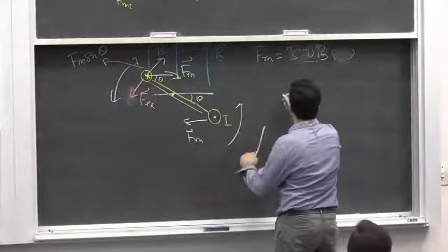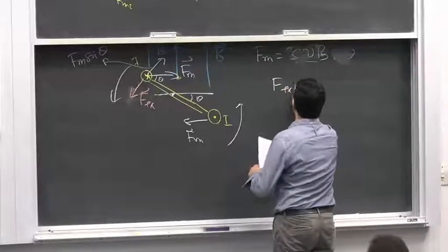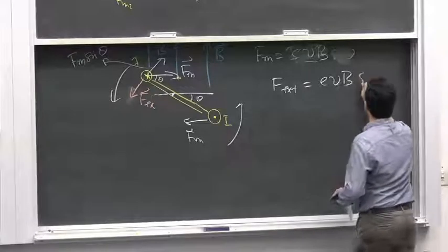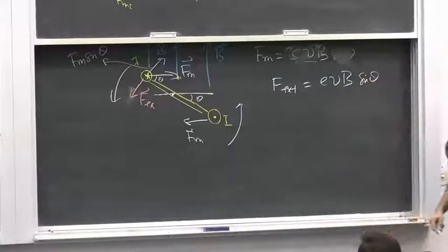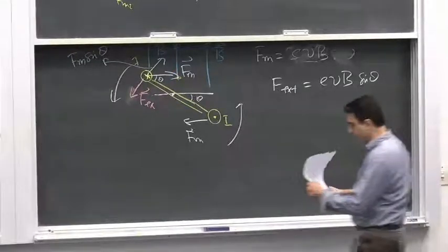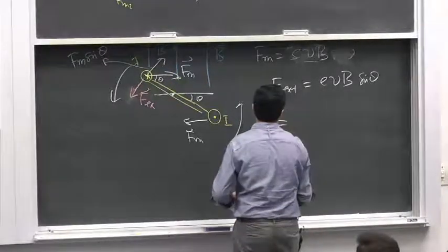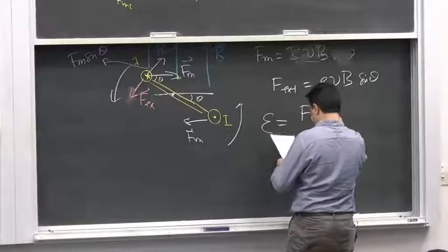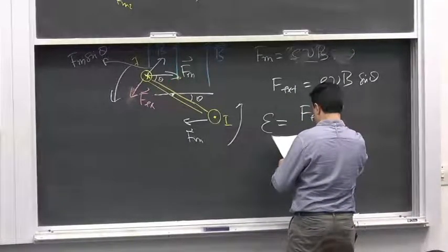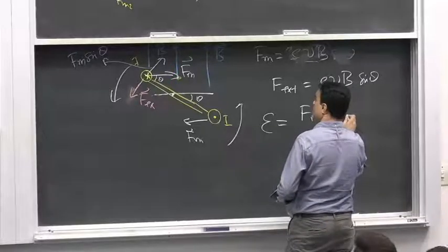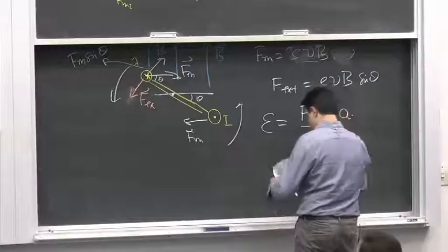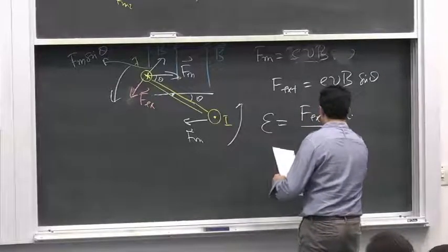So now what is the external force? The external force would be equal to eVB sin theta, this should be the minimum external force which you need to apply. So what would be the EMF in this case? This would be the external force multiplied by the length, and the length in this case is A, divided by e.